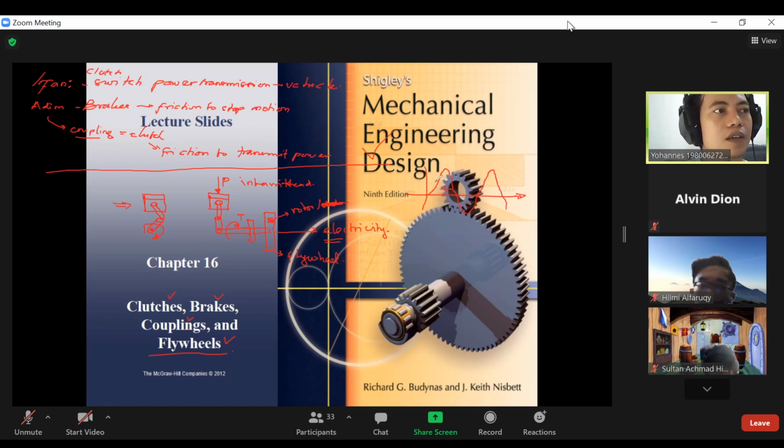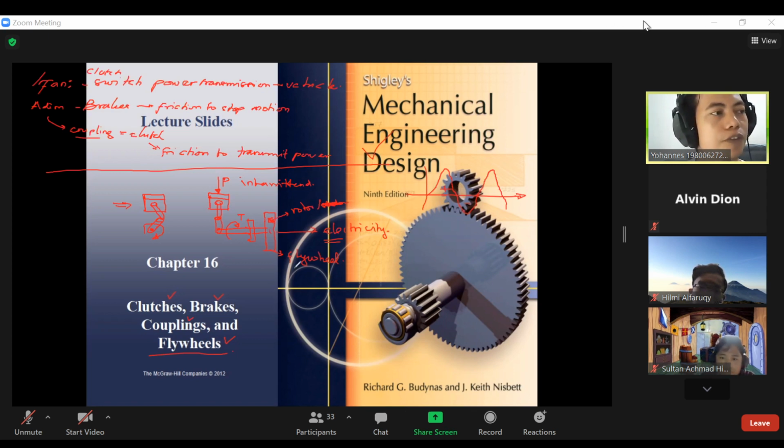So if we don't put this flywheel, what we get from this internal combustion engine is power in this pattern. It is not smooth, and it will give you a negative impression about your vehicle because the vibration will be enormous. So it is not convenient for you to drive such a vehicle with this kind of output power.